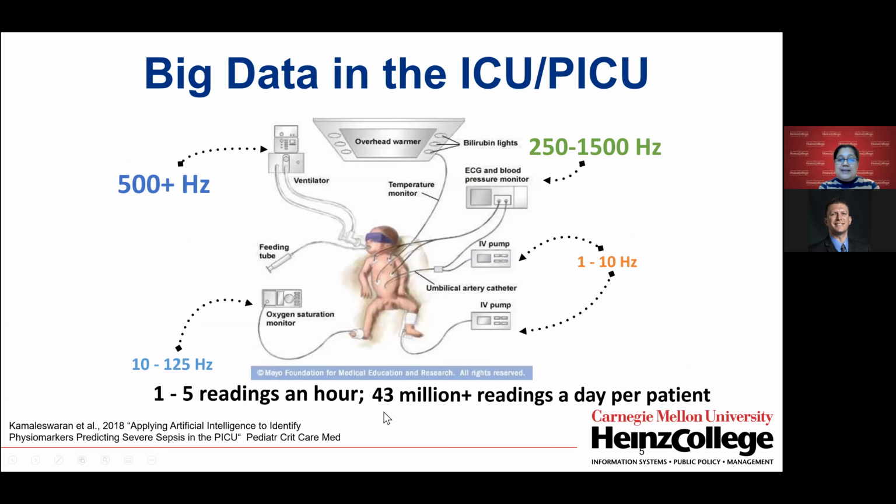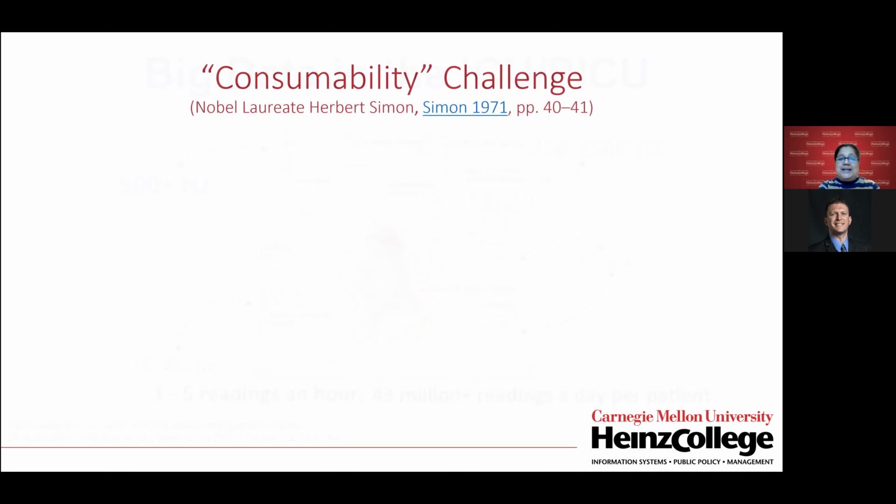The staggering amount of data that's collected is 1 to 5 readings per hour, creating 43 million plus readings a day per patient because of all of this instrumentation that is being utilized in order to manage the patient and manage the sepsis that is developing. So I hope this gives you an idea about the challenge that we are facing with the availability of data.